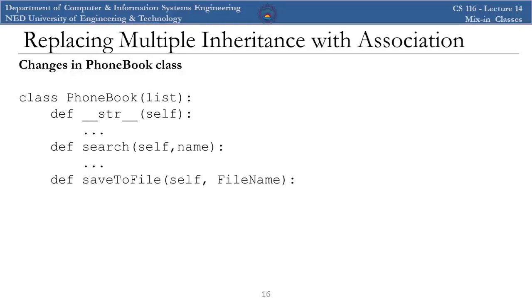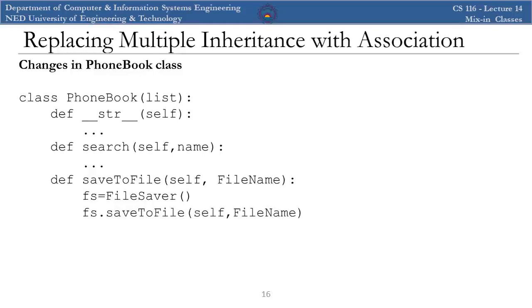Now this is a new method I'm defining in my phone book. What this method will do is not implement that method all over again, but instead it will instantiate an instance of file saver type. And then we can call the save to file method of file saver type, like I can call the save to file method of onFS.